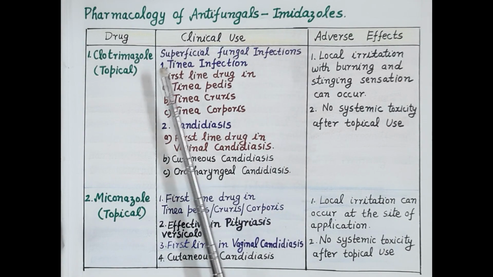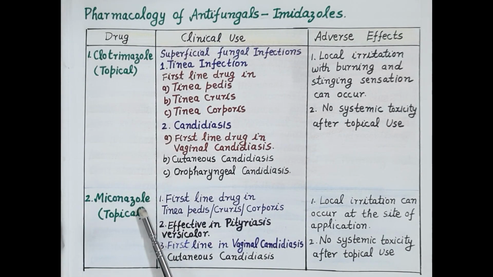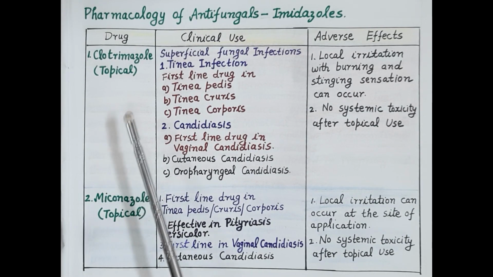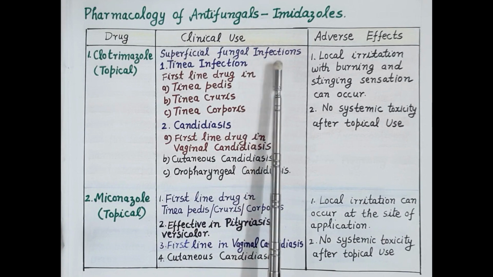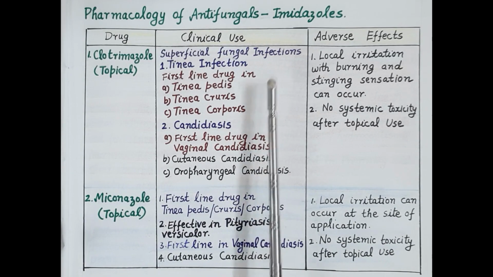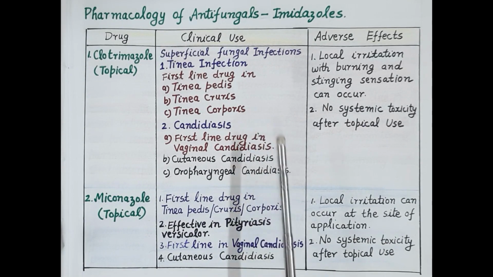As discussed, clotrimazole and miconazole are used only topically. Let's first talk about clotrimazole. Clotrimazole is very effective topically for superficial fungal infections, which include tinea infections and superficial candidal infection.